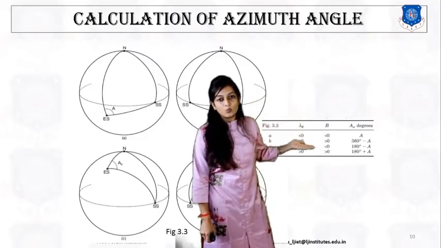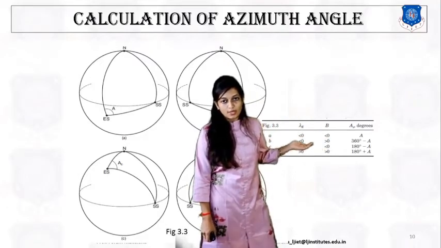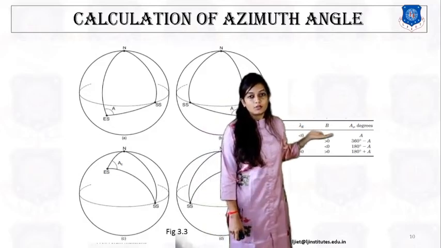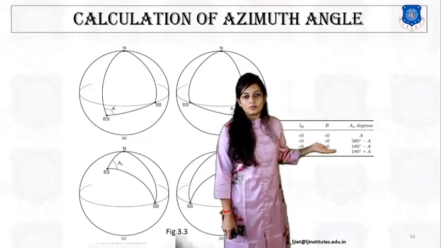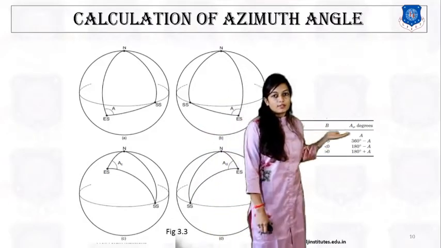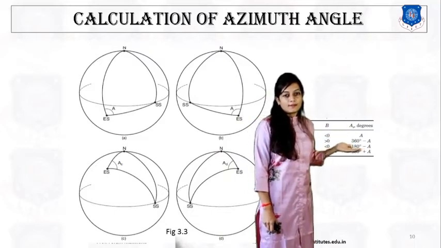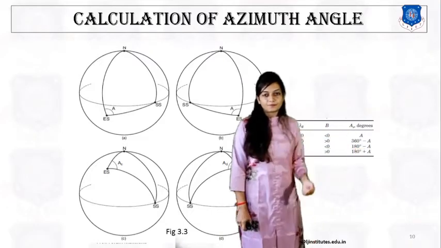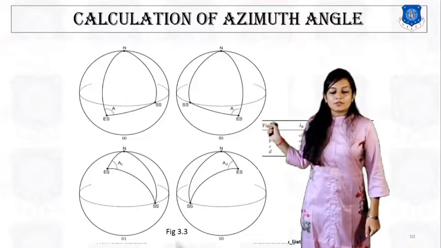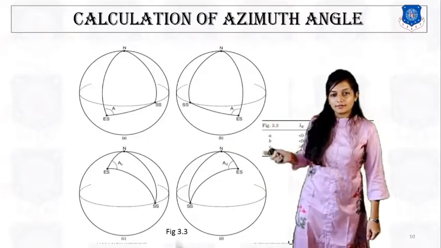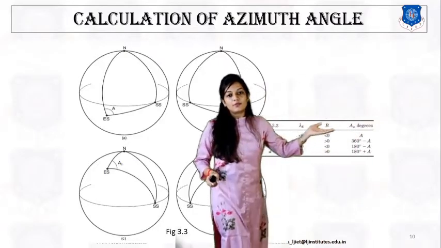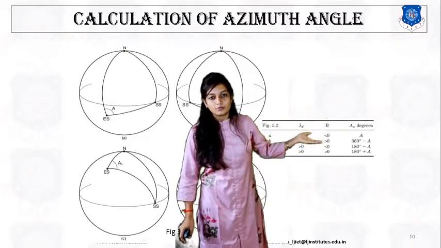So lambda E will be less than 0 and capital B, that is longitude, will be more than 0, right? So for that, the azimuth angle is 360 minus A, right? So B is for longitude, alright, and lambda E is for latitude, alright.